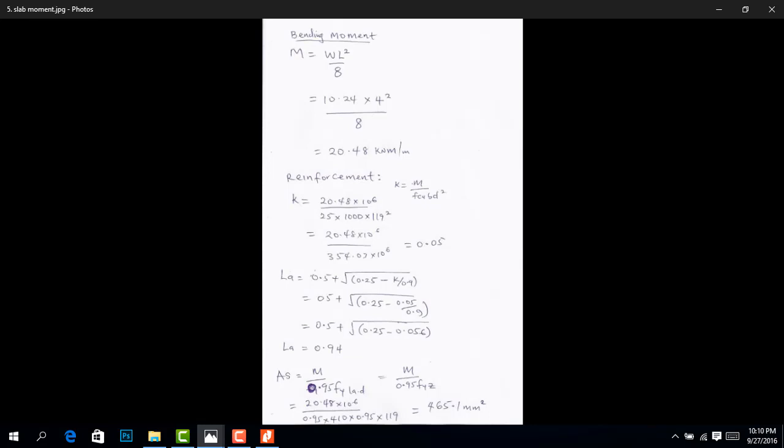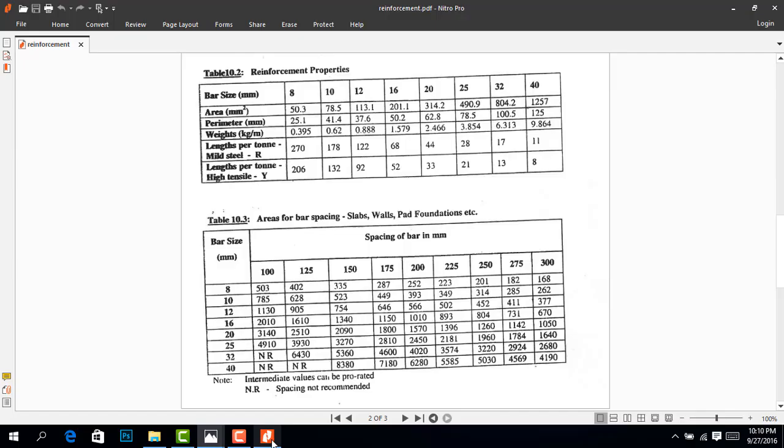So what do we do? We go to our table to pick the one closest. This is the table for area and bar spacing. We have slab, we have wall, we have pad footing. This is the table we use to determine that.